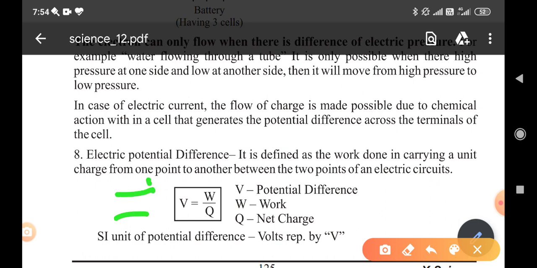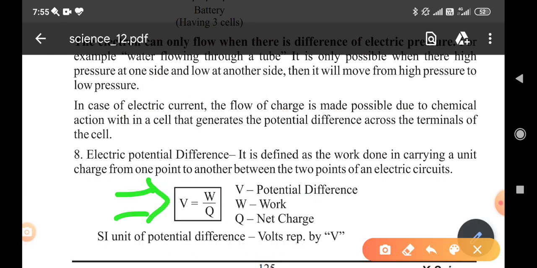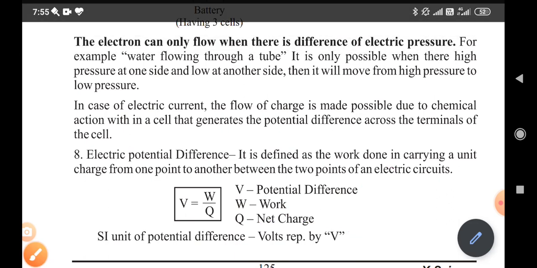By definition, potential difference equals work done by net charge, or V equals W by Q, where V represents potential difference, W is work, and Q is the net charge. The SI unit of potential difference is volt, represented by capital V.